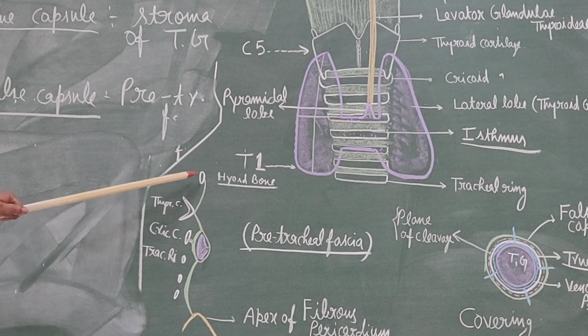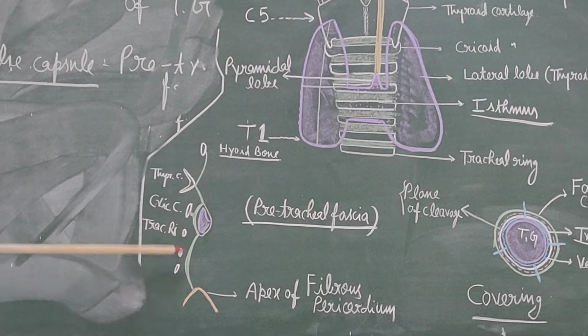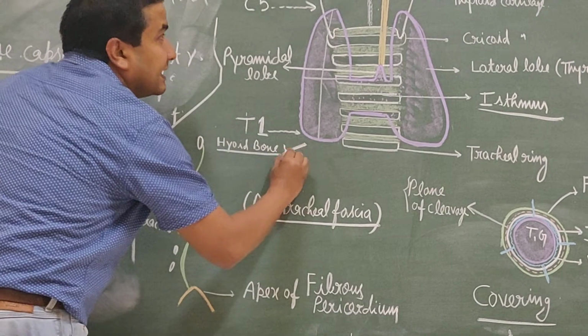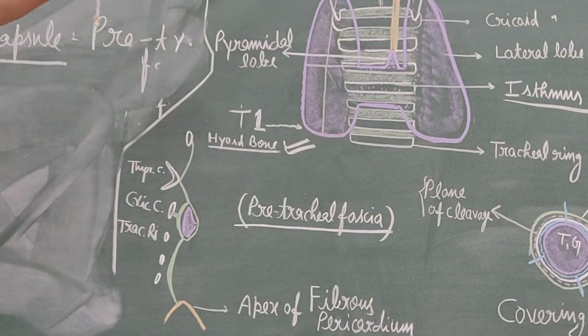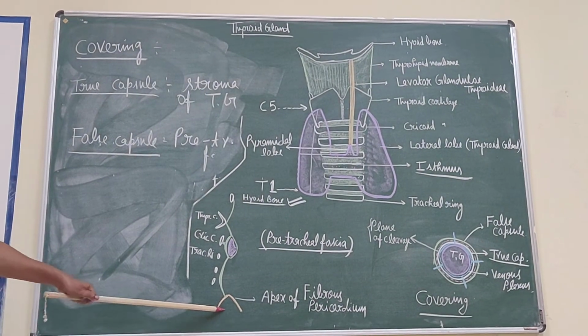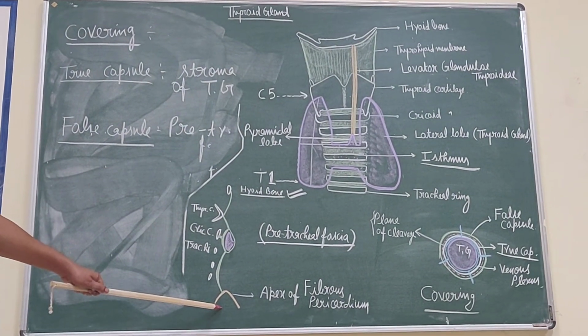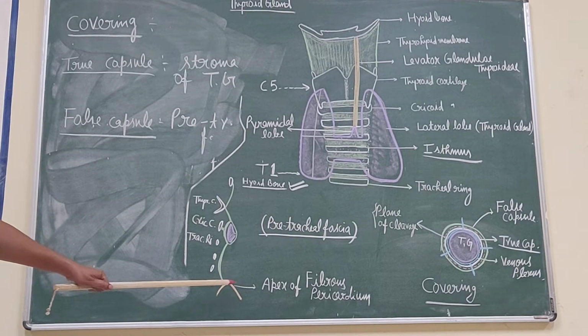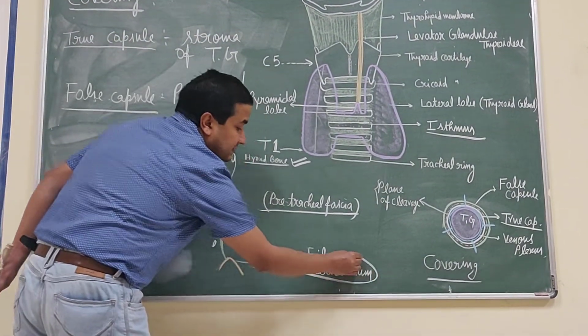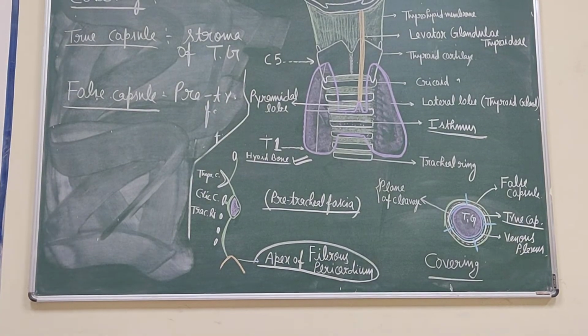If you trace the pretracheal layer vertically, the upper limit of the pretracheal fascia is the hyoid bone. It is attached to the hyoid bone, and below it enters the thoracic cavity, and in the superior mediastinum it blends with the apex of the fibrous pericardium.